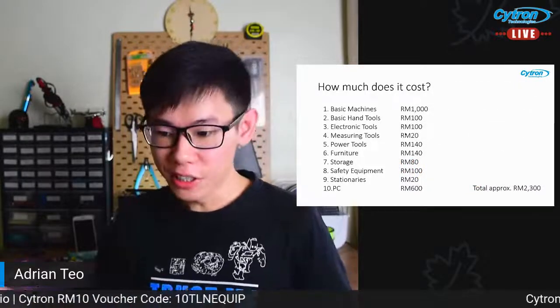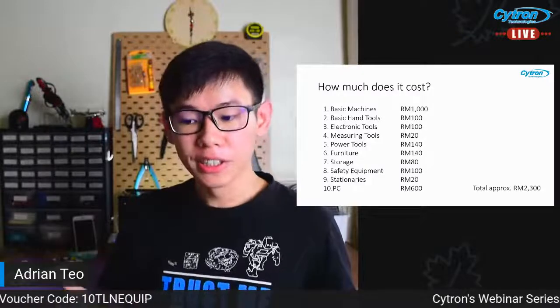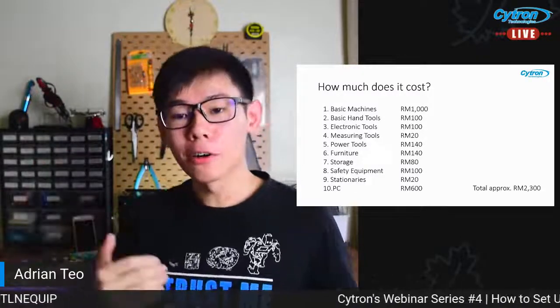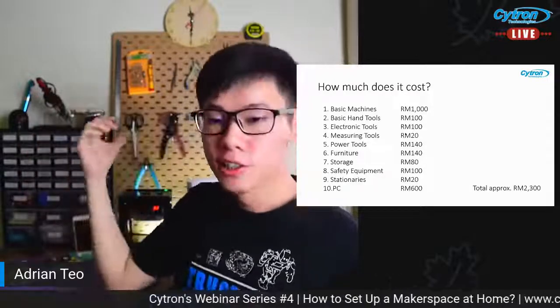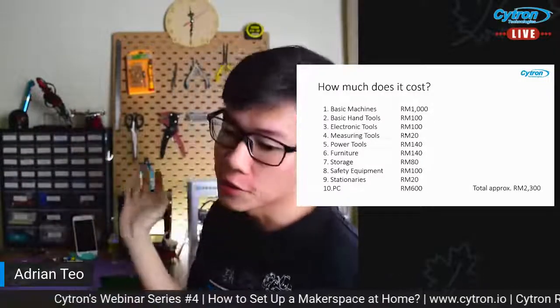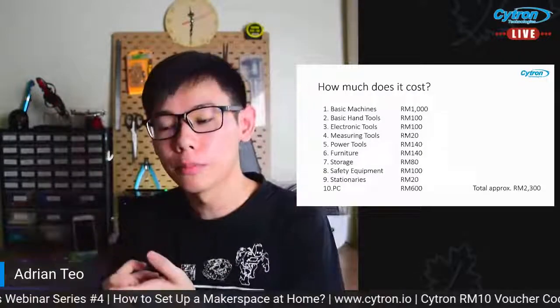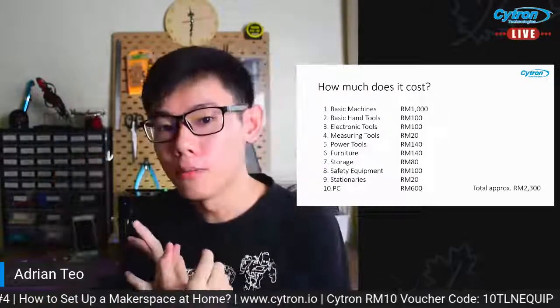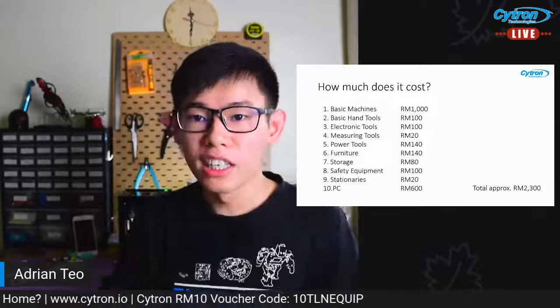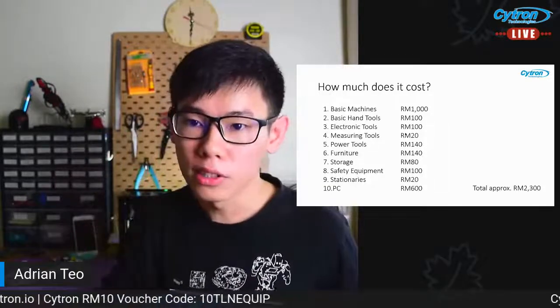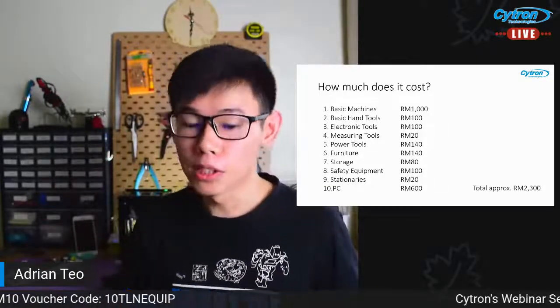And then over here, basic machines. These are the breakdown costs that I got from this makerspace that I have. So the machines that you saw just now, basic machines including 3D printer, laser engraver, and a filament dryer, cost less than 1,000 ringgit. I'm not gonna lie, these three things cost less than 1,000 ringgit, with the materials included.